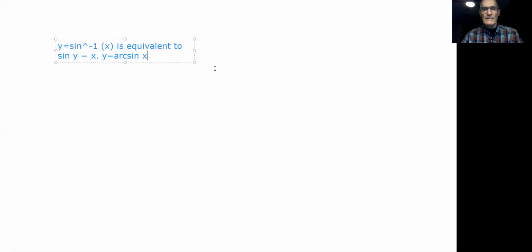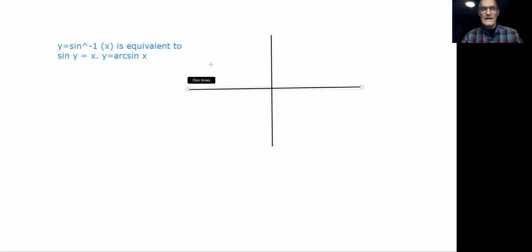function here. If you go back and remember what we did with inverses before, I'll go ahead and draw my axes here. With the y equals sine x function, the y equals inverse sine x function is a reflection.